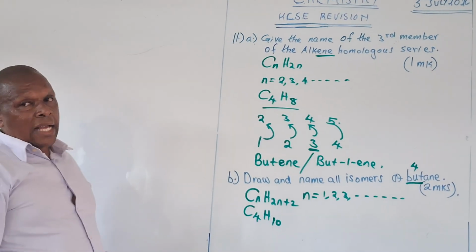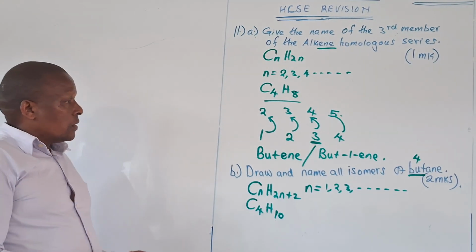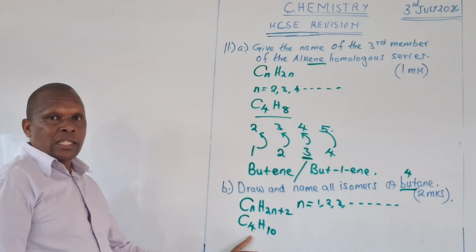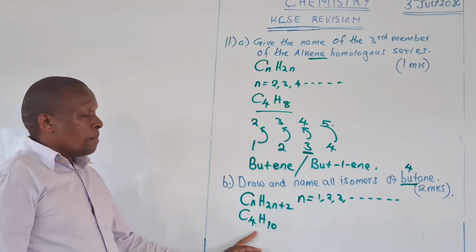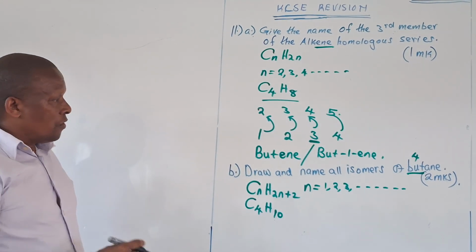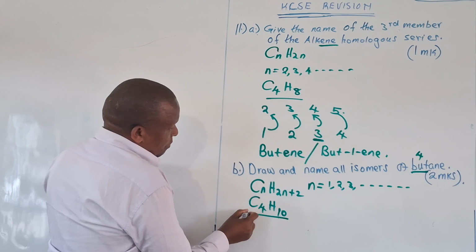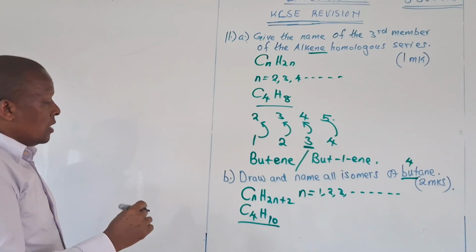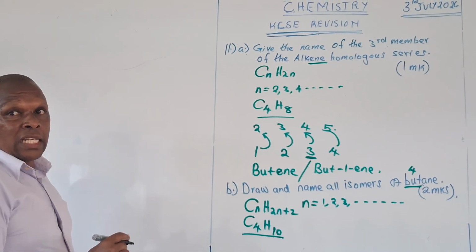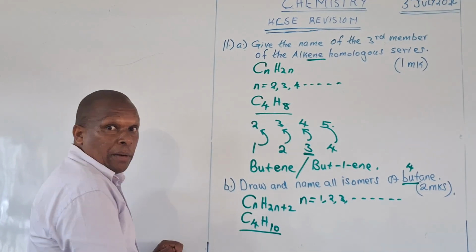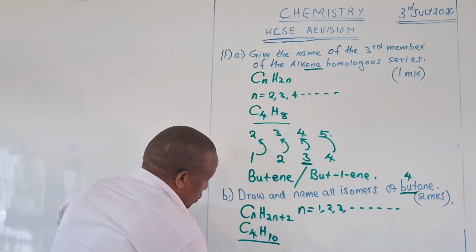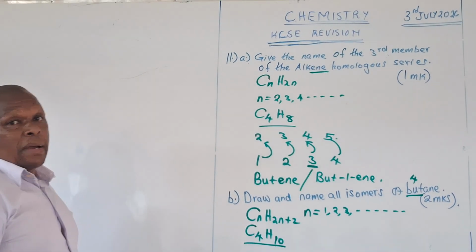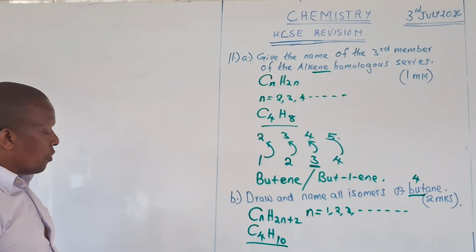When we are told to draw isomers, we draw all those which have the same molecular formula, C4H10, but different structural formulas. The first one is the normal straight chain butane. You draw 4 carbon atoms, 1, 2, 3, 4, and make sure each carbon is surrounded by 4 covalent bonds.